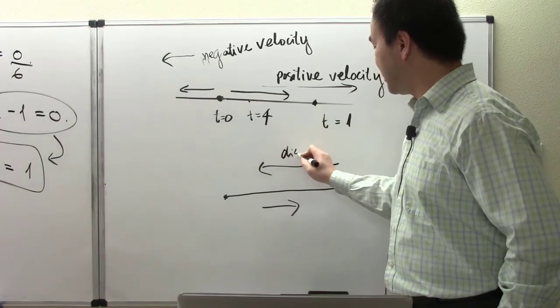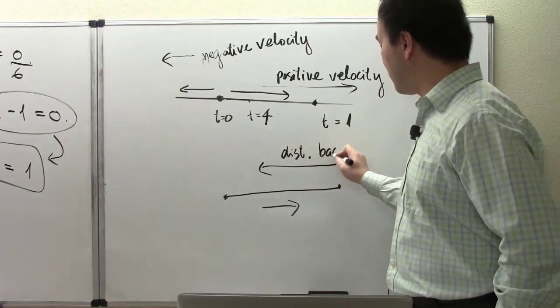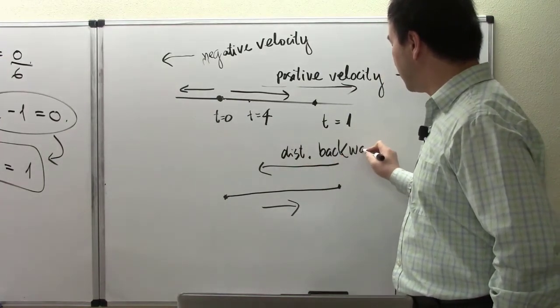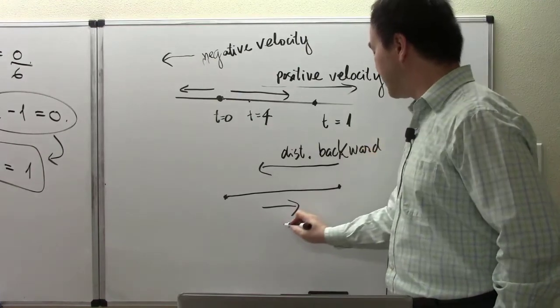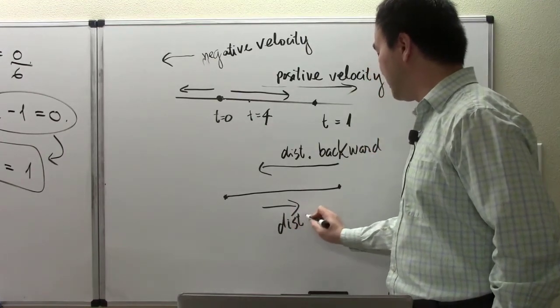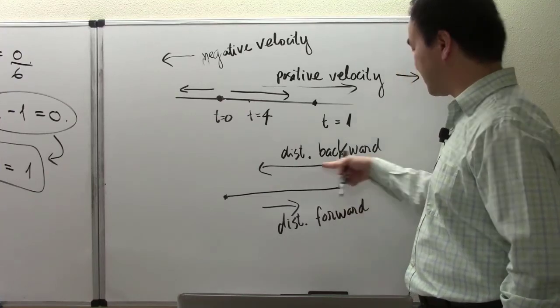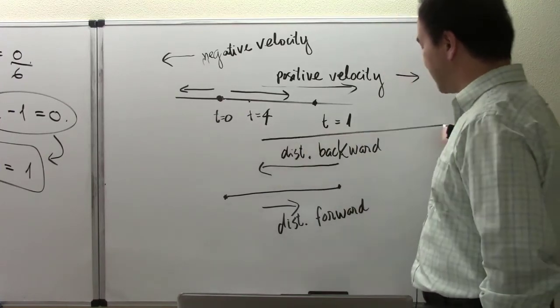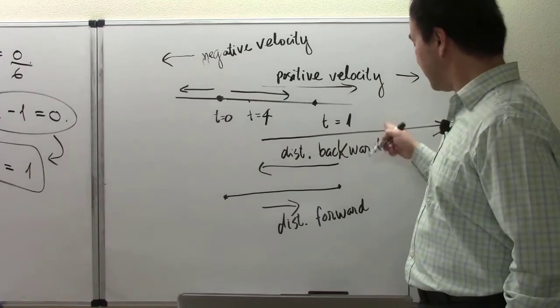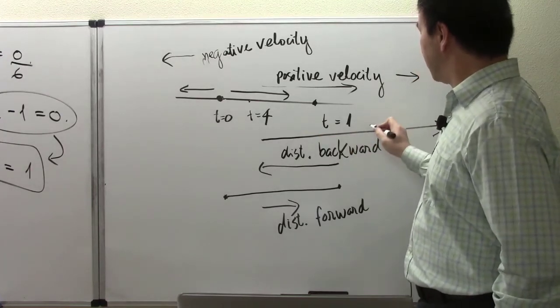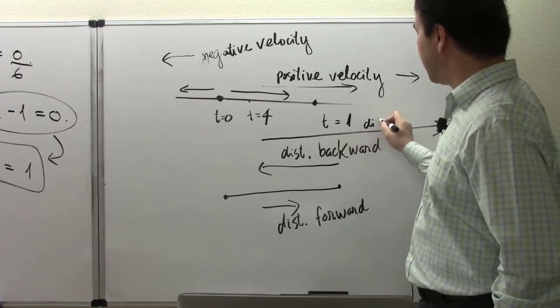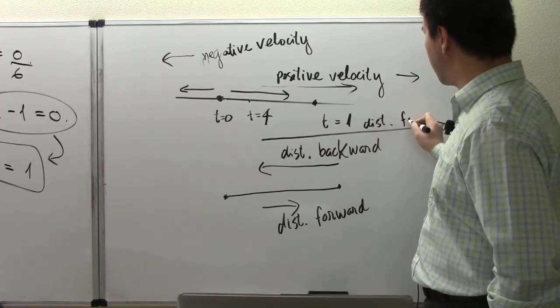So this is distance going backward, and this is distance going forward. After that, going backward, we made some more distance, and in the third interval there's another distance going forward again.